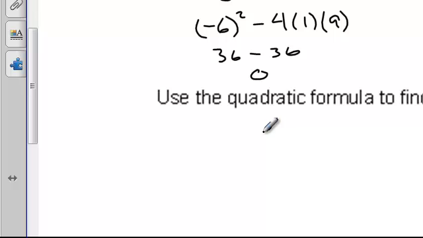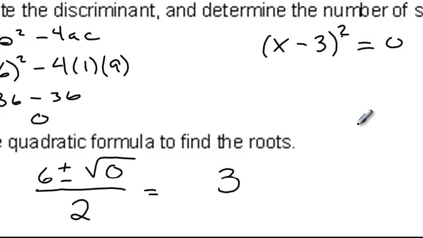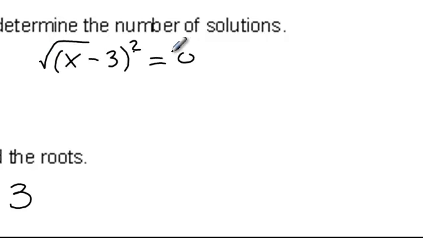So it's the opposite of b. That's 6 plus or minus the square root of 0. We'll go ahead and simplify that, divided by 2 times a, which is 2. Well, that's 6 over 2, which is 3. Again, we set this factor equal to 0 and square root both sides.